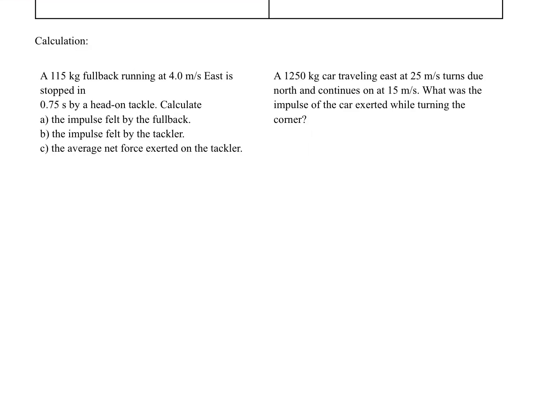So football, here's a question. Running in, calculate the impulse felt by the fullback versus the impulse felt by the tackler. Okay, so here's how we do this. Part A. We know that the impulse is the change in momentum, so delta P is equal to m delta v. All right, so we can use the mass given, 115 kilograms.